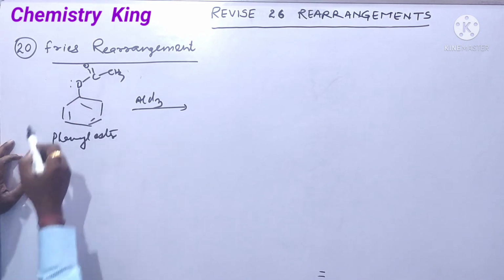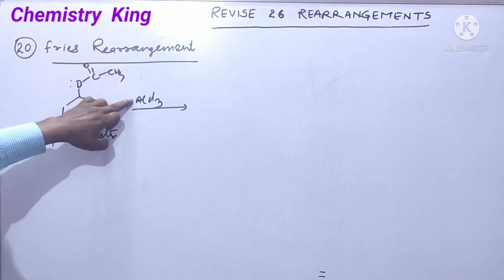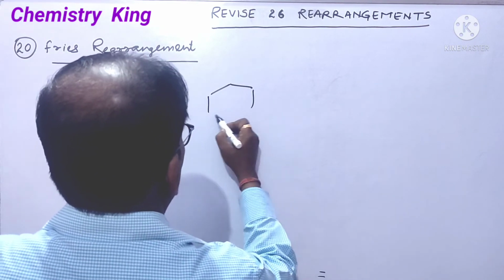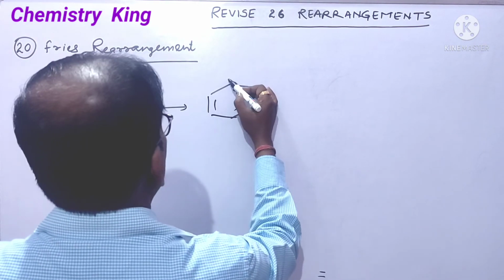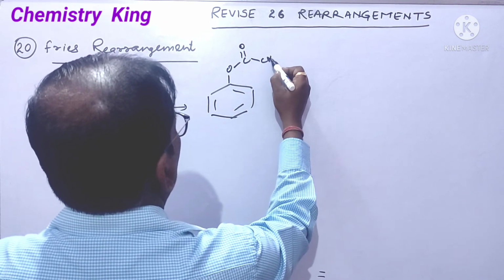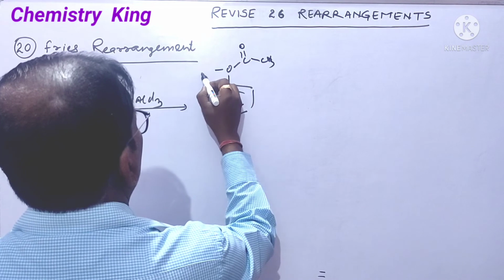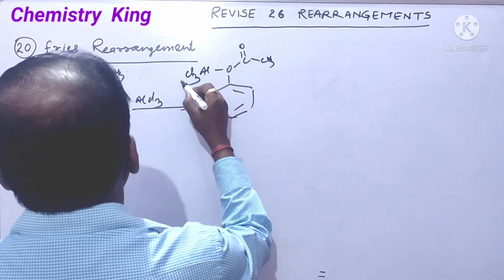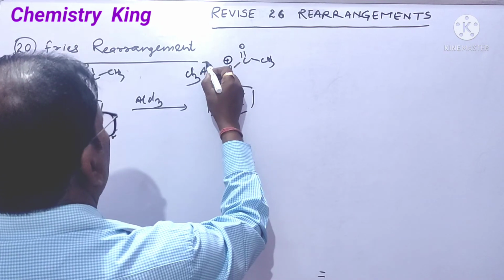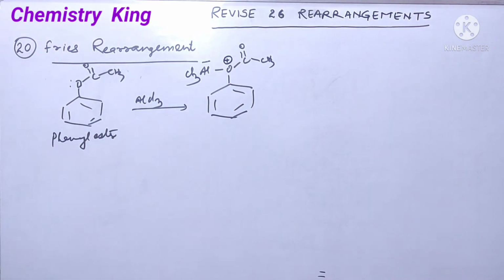This lone pair of electrons is coordinated to aluminum, and so you will get this O, CH3, and here AlCl3, O here it is plus and here minus.